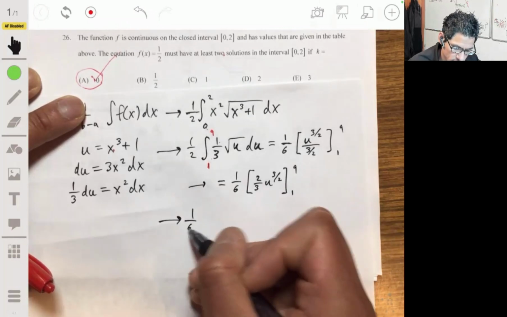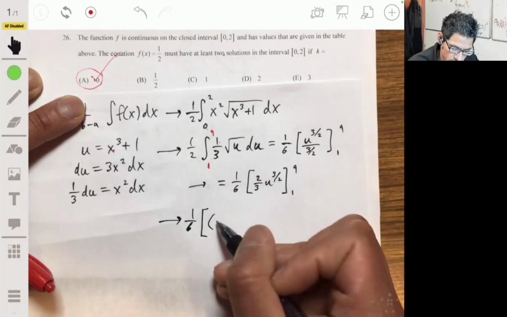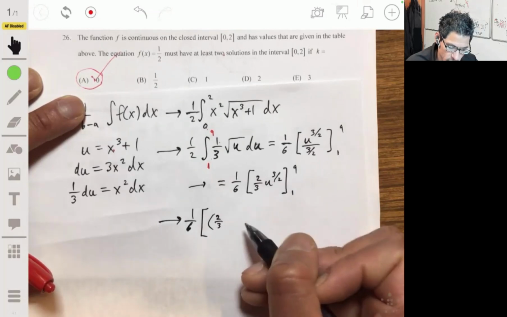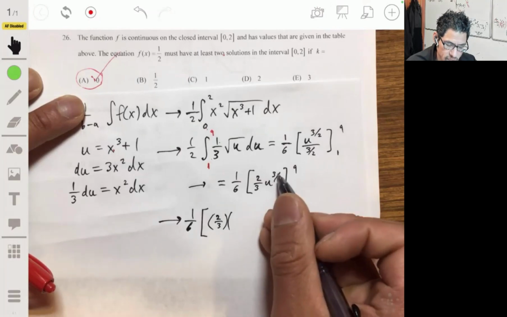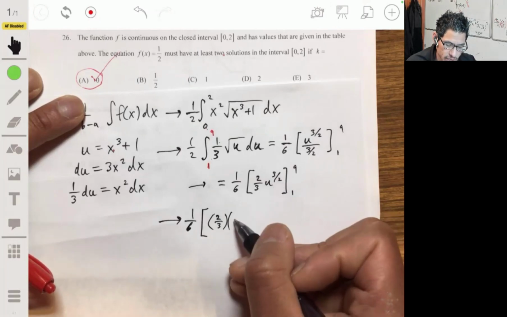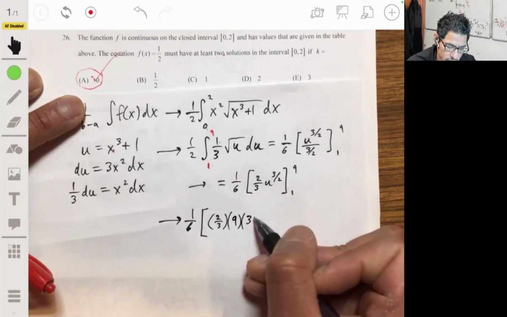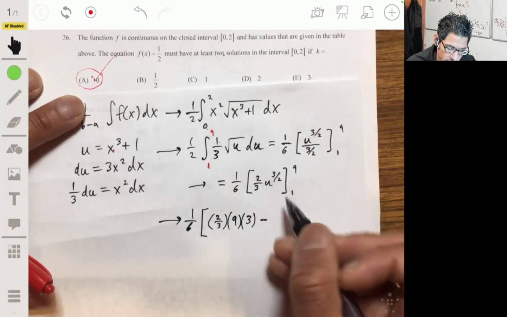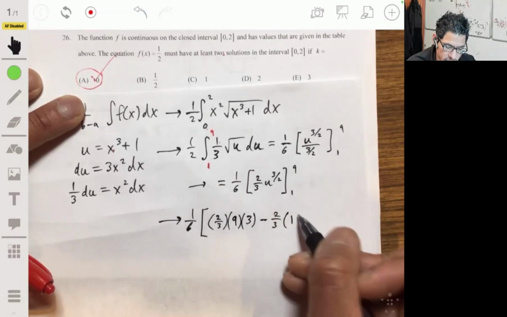Working this out, we would get 2/3 times 9 to the 3/2. 9 to the 3/2 will just be 9 times the square root of 9, or 9 times 3, minus 2/3 times 1 to the 3/2, which is just 1.